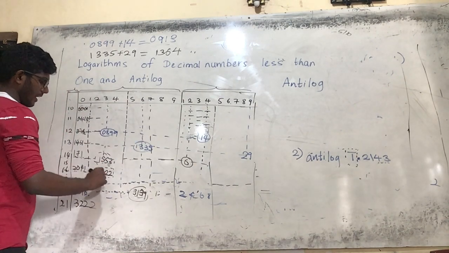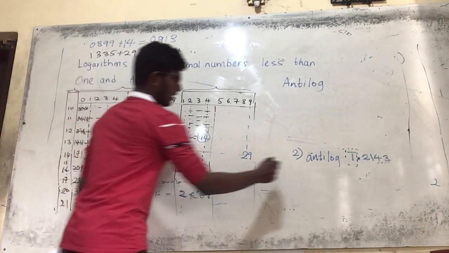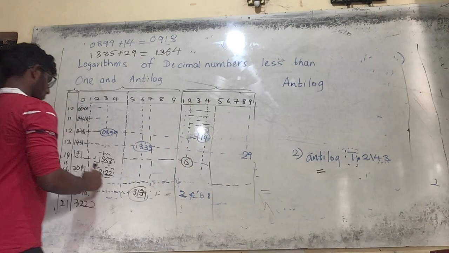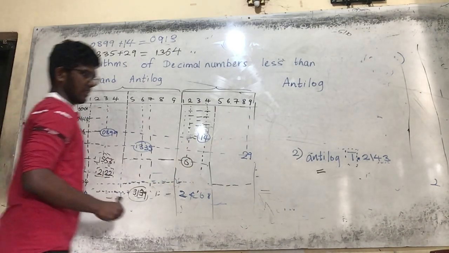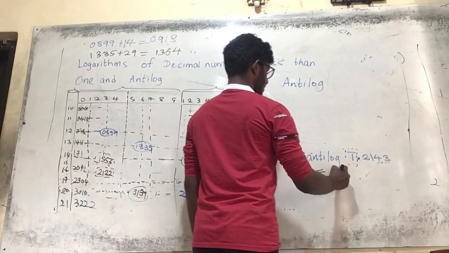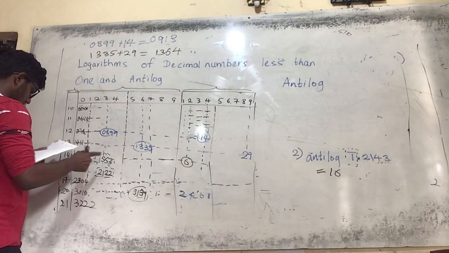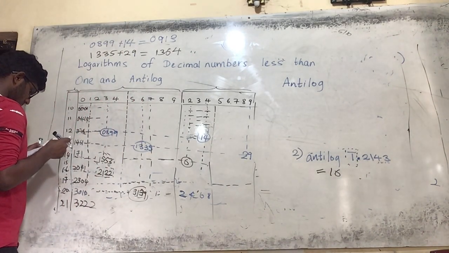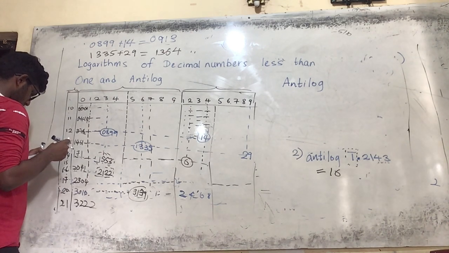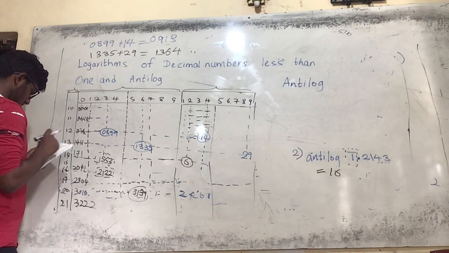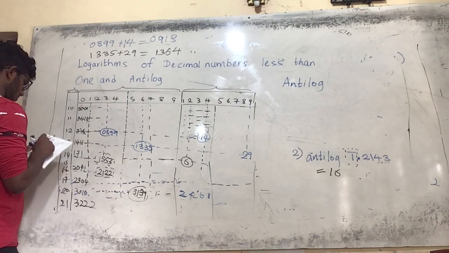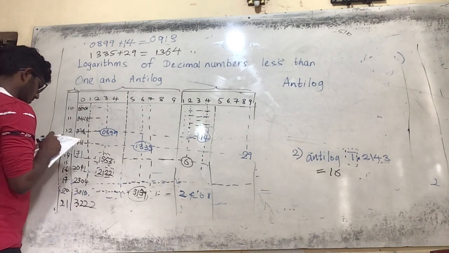You don't write that there. Put the equal mark. What is the row? 16. What is the column? Third column, right? You get it in the third column.